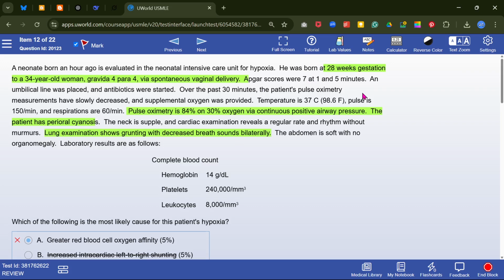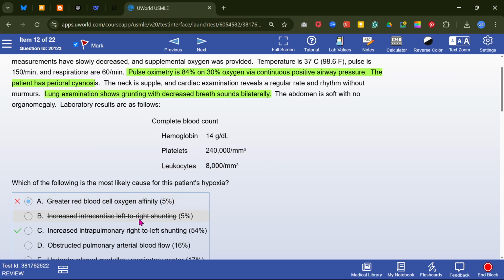What is the most likely cause of this patient's hypoxia? Premature infant, maybe due to surfactant deficiency. Pulse oximetry shows lower saturation, perioral cyanosis, and decreased breath sounds bilaterally. It looks like NRDS.